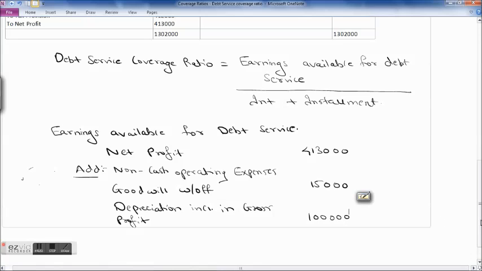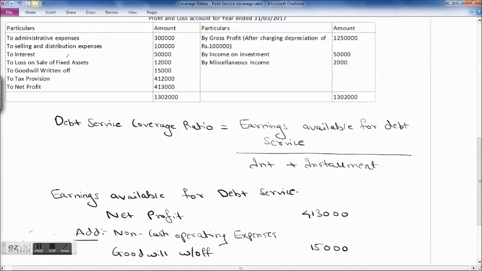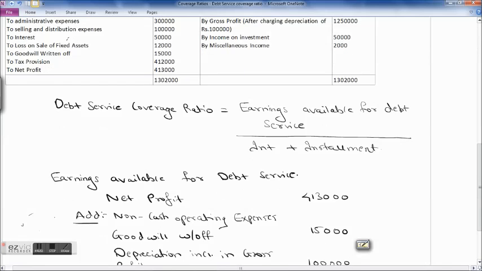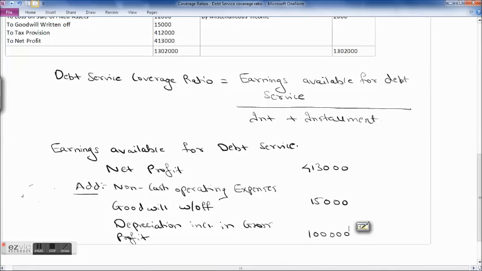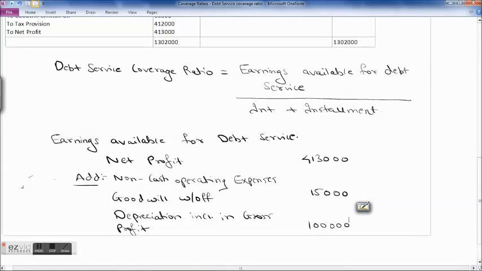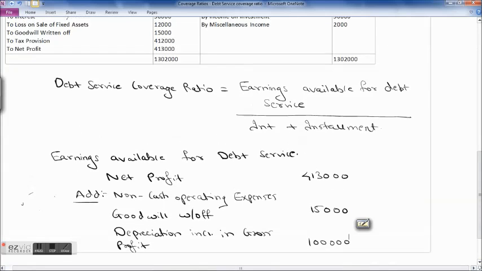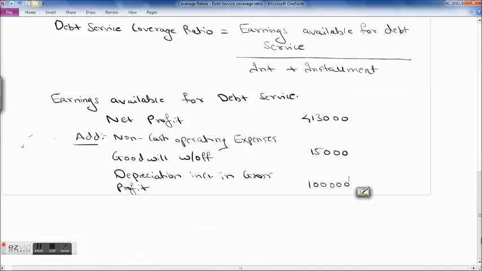Then we have to add back all non-operating adjustments. What is a non-operating adjustment which is given here? One non-operating adjustment is loss on sale of fixed assets, so we have to add it.